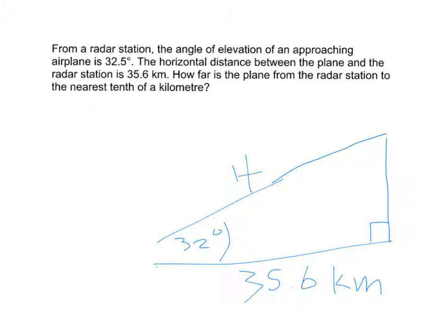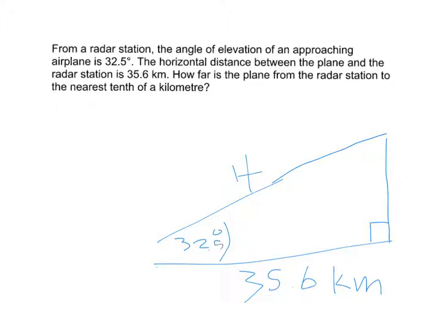The question says, from a radar station, the angle of elevation of an approaching airplane is 32.5 degrees. In this diagram that Jefferson drew for us, this is the radar station down here, and up here is where you have the airplane. You're looking up at it, so that angle measured from the horizontal is 32.5 degrees.